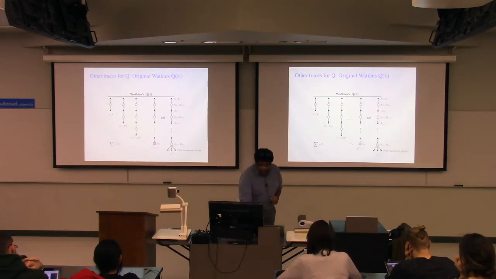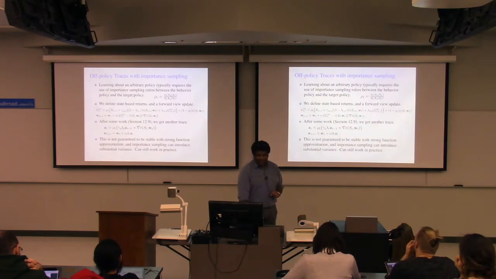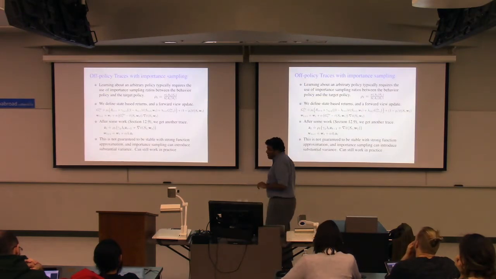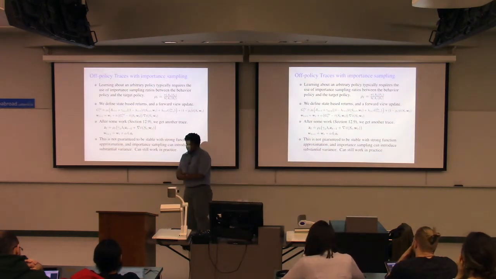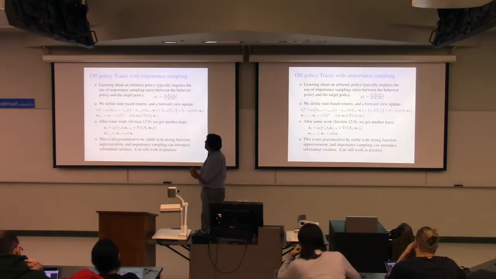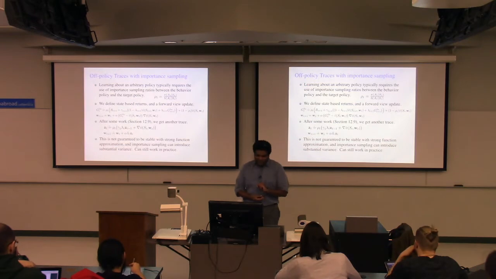Okay. So the final one is to try and introduce importance sampling. I'm just going to put a little bit of it up because it gets complicated, and it would require way more formulas than I had time to prepare for.